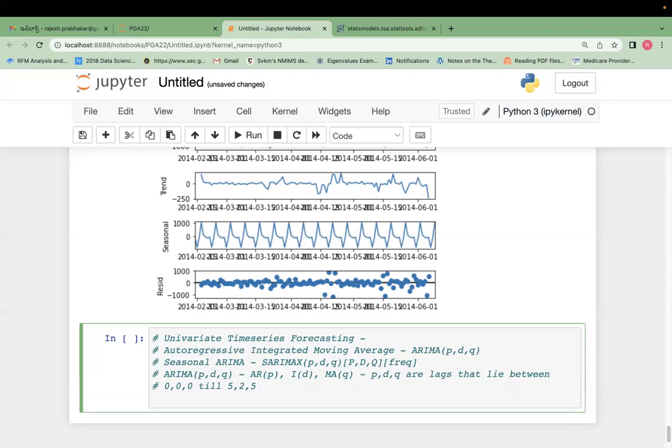So for the values of PDQ, P lies between 0 and 5, D lies between 0 and 2, because we don't go beyond second-order differencing, and Q lies between 0 and 5.